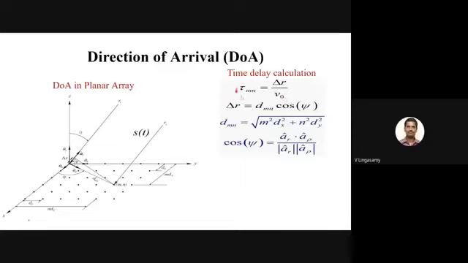The same applies here. The time delay is tau mn, and del r is the distance offset. It tells how much longer the route is due to multipath, how much offset with respect to the direct signal. del r is calculated using that. Then if you divide by velocity, you can calculate the time delay. You can see here that del r is equal to dmn cos psi.